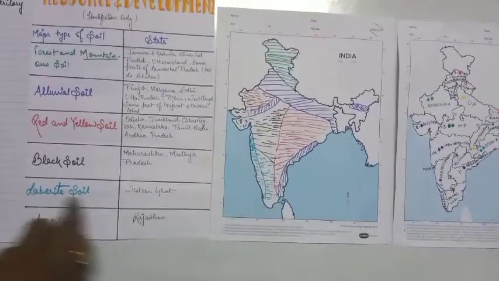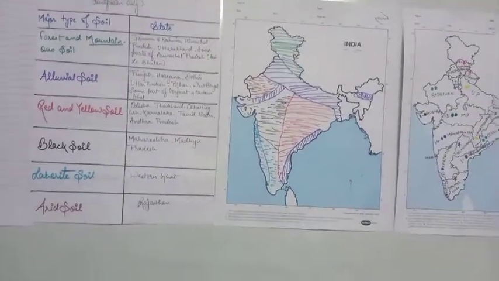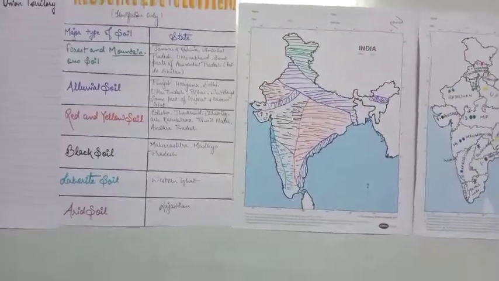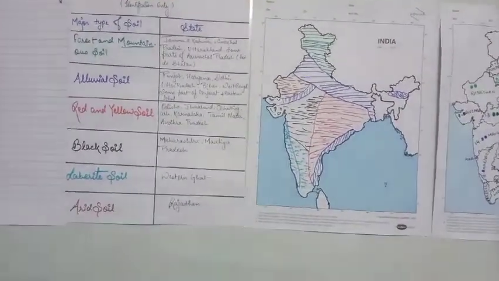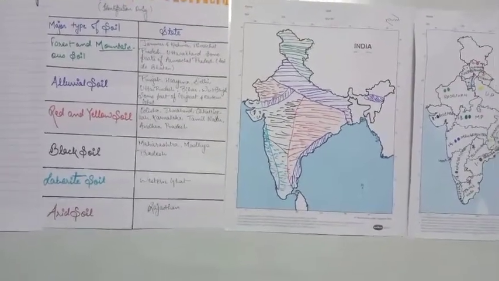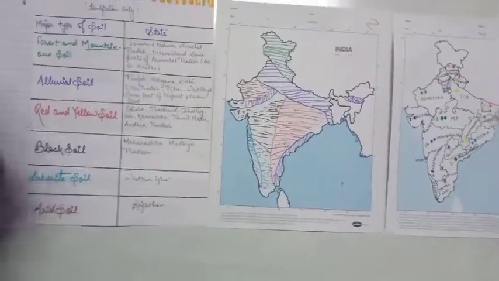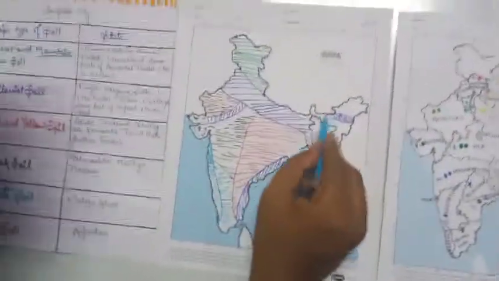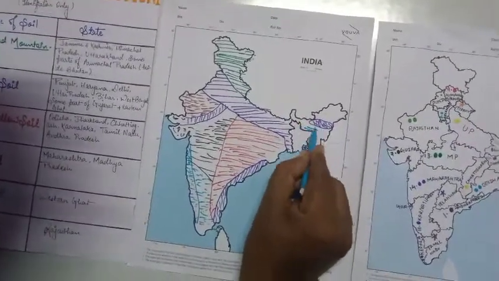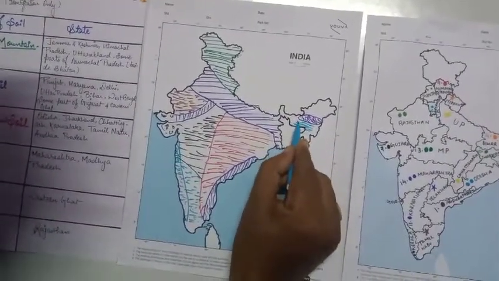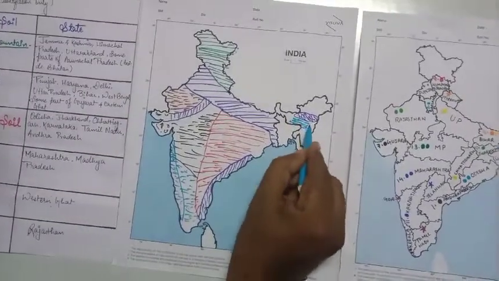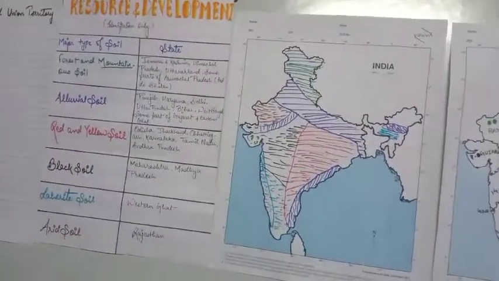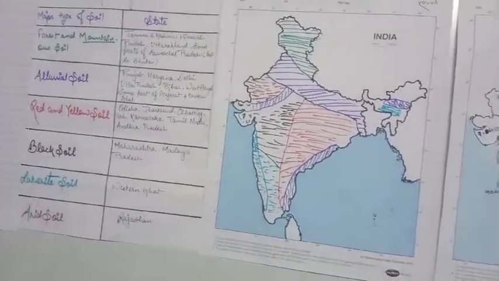In case of laterite soil, I told you the area where the huge amount of what? Huge amount of rainfall occurs, and in that case the laterite soil is present. Okay, so look here, that is the Meghalaya. So this area is come under the Meghalaya and the Cherrapunji and so on. So here the huge amount of rainfall takes place. So this area will also considered as laterite soil.